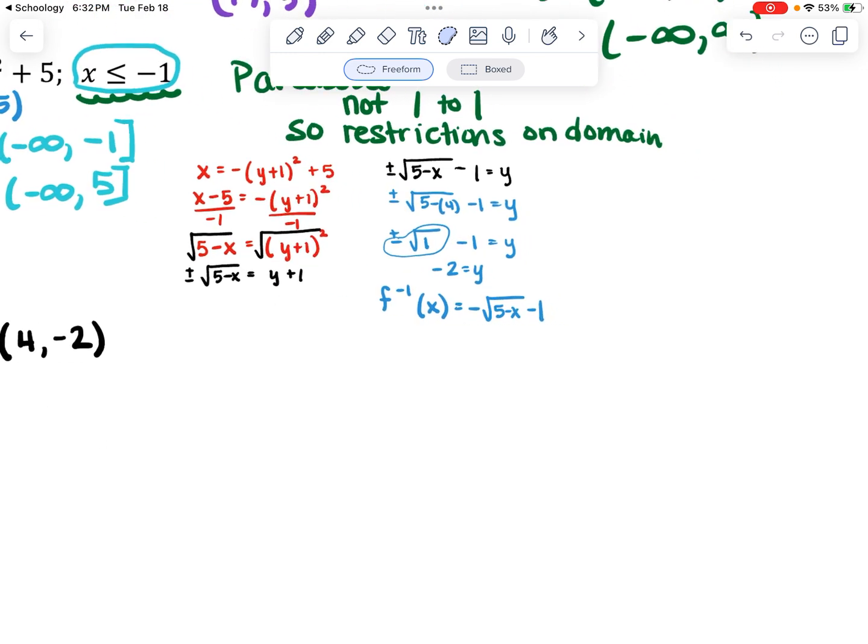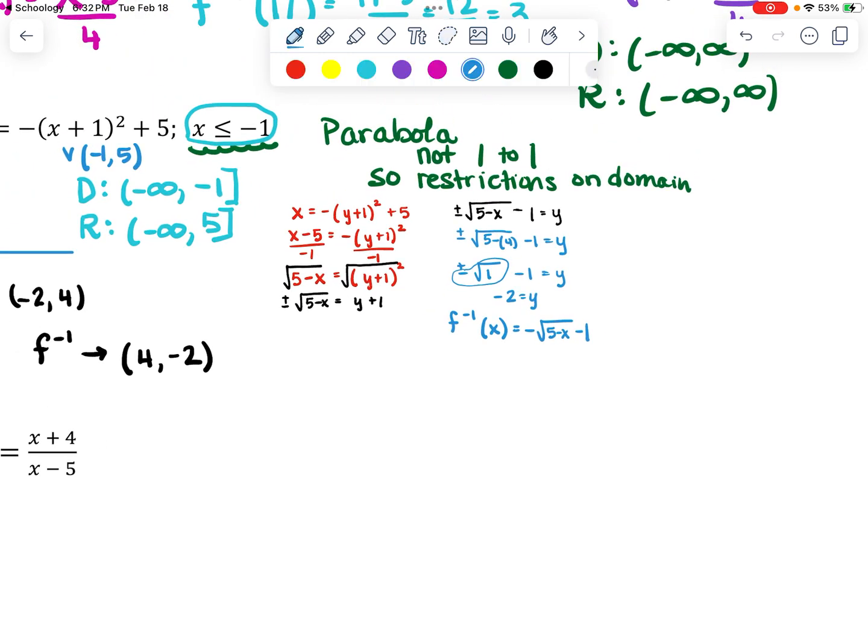Okay, now, domain and range. So since I swapped over, if you go and look over here, you did your domain and range for the original, then I know that this guy, domain, is now going to be -infinity up to 5. And my range is now going to be -infinity up to -1.